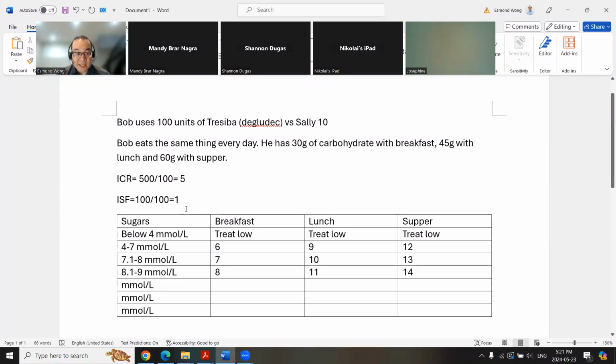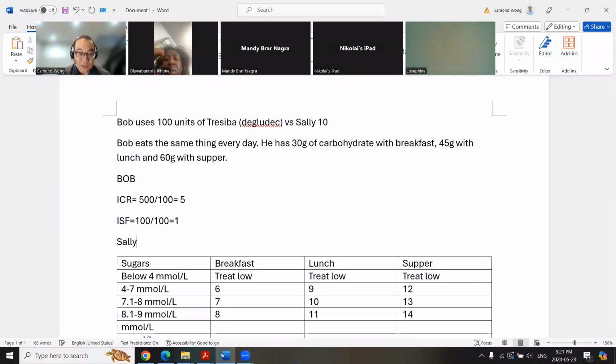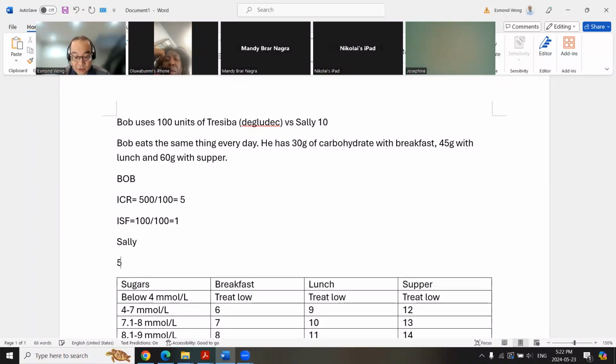So let's compare him against Sally. This is Bob, and then this is Sally, who uses much less insulin. For her, it's divided by 10, so 50. She uses 1 unit for 50 grams of carbs. Oh, someone's not muted. There we go.